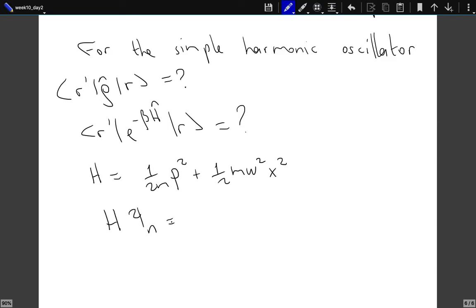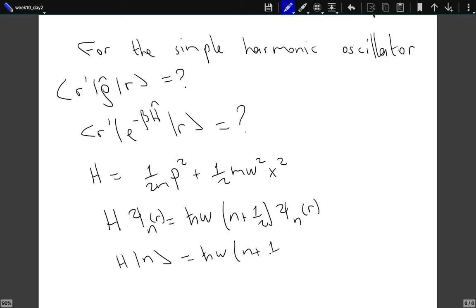So it's h bar omega, n plus 1 over 2, psi n. So you solved it. Psi n's are known functions. Or if you like, H|n> = h bar omega (n plus 1/2)|n>.